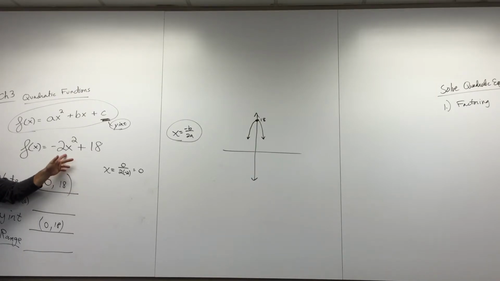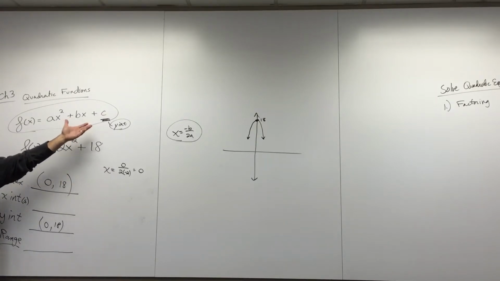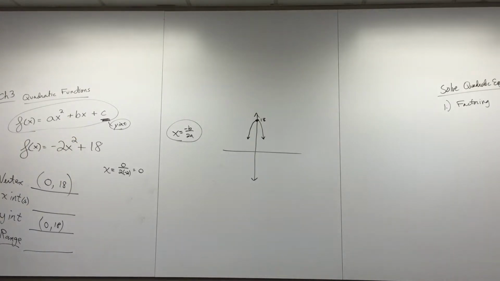So there's no left or right shift, only a shift up 18, which makes it live on the y-axis, so to speak. Okay, cool. That was supposed to be easy. Hey, you want to tell me the range?